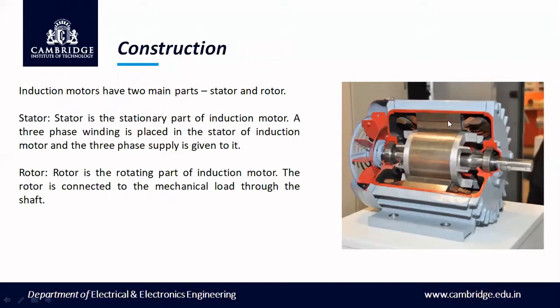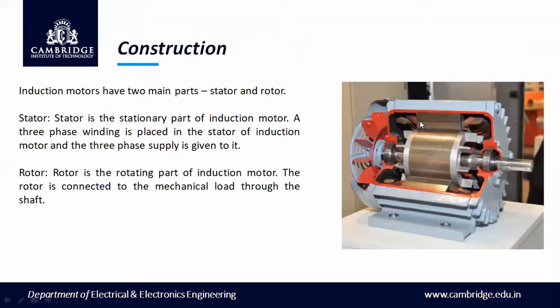The part where you can see the windings is known as the stator. It is a stationary part in which three-phase windings are given. It is not single phase, it is three-phase windings, to which three-phase AC supply is given.